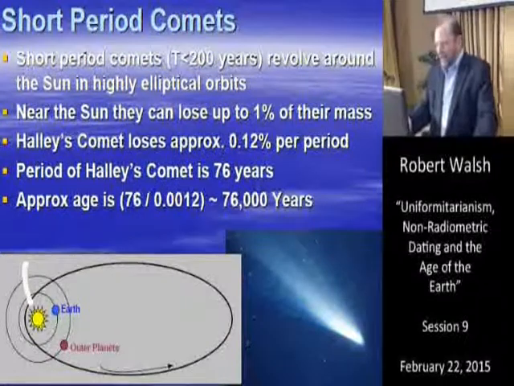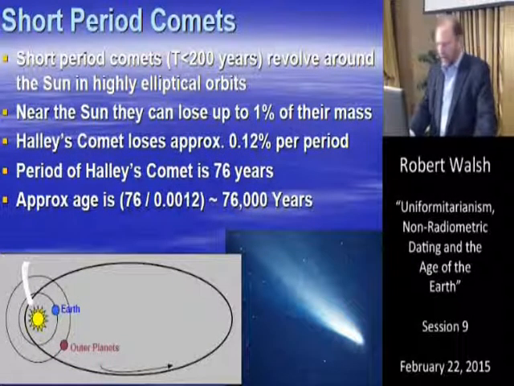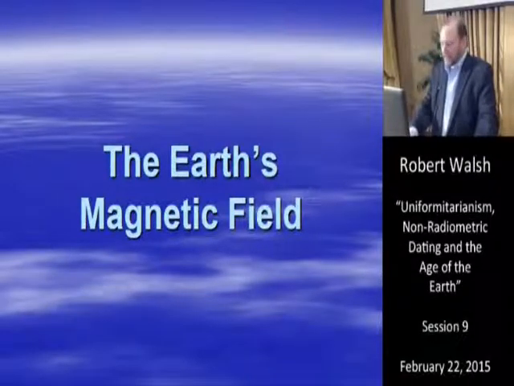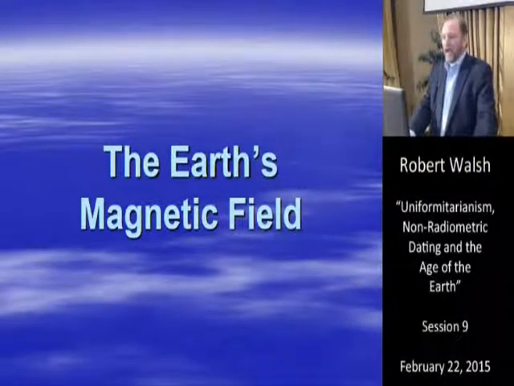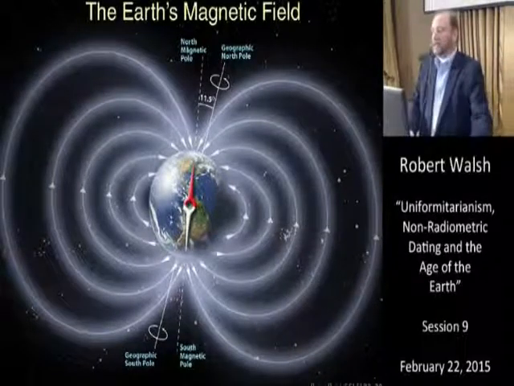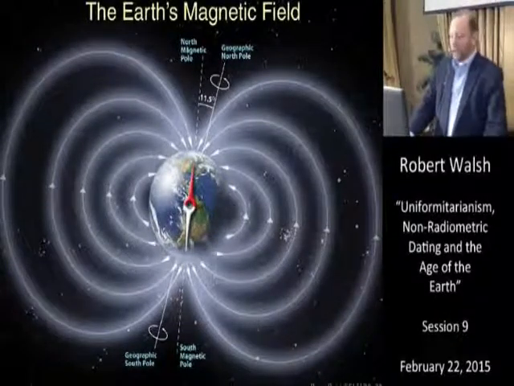So let's take a look now, in a little bit more detail, at the Earth's magnetic field. This is one of the best examples that creationists have developed over the years. And what the magnetic field looks like is exactly what you see in front of you. It's called a dipole field.